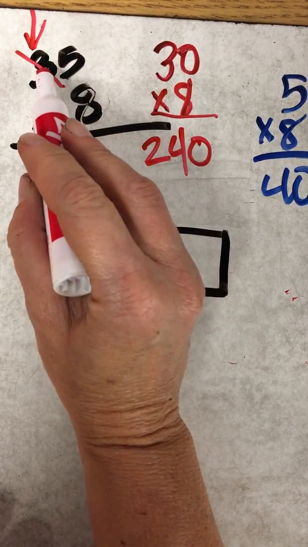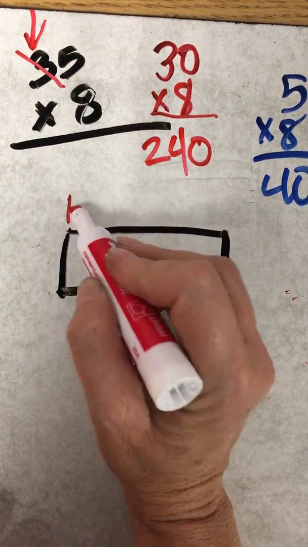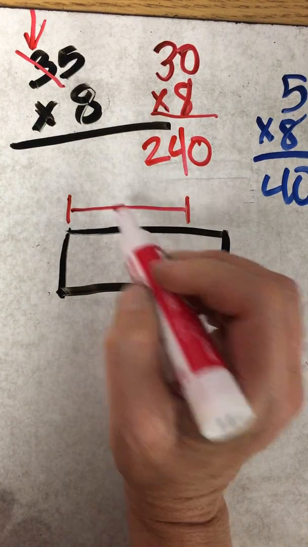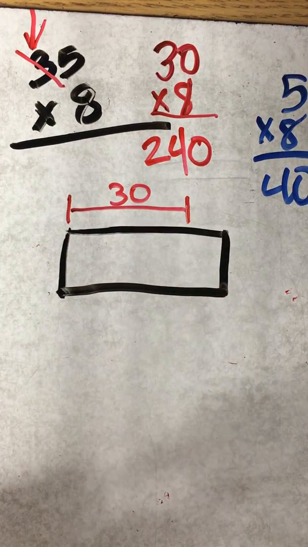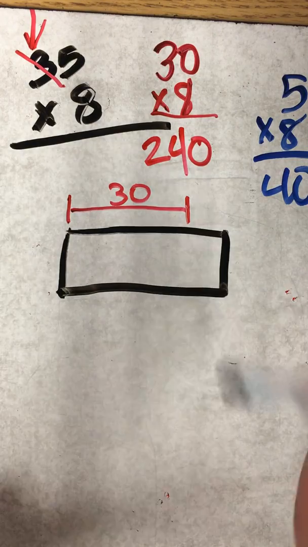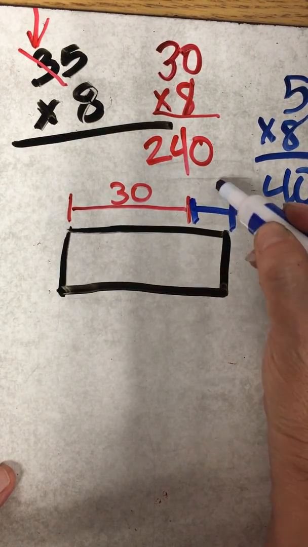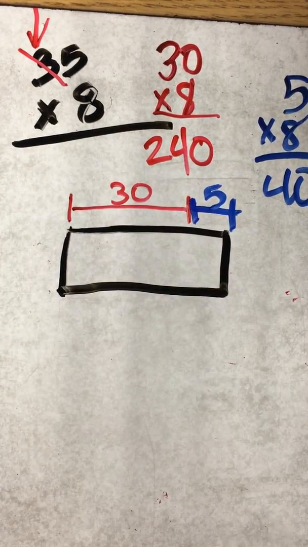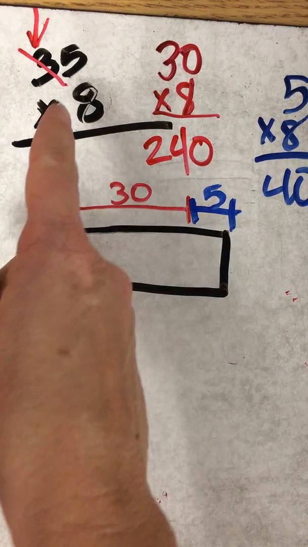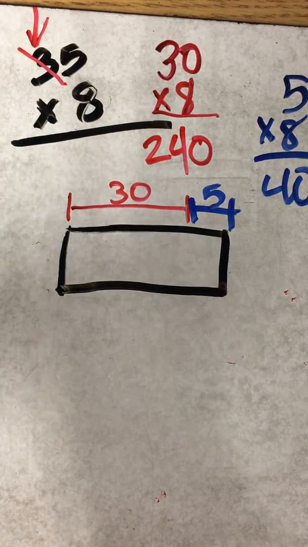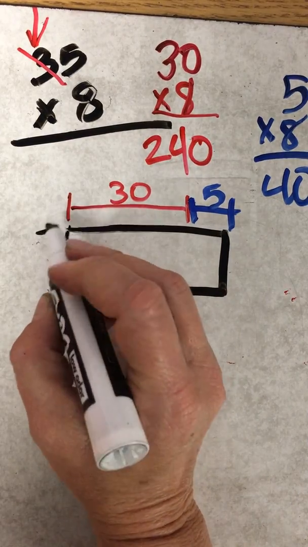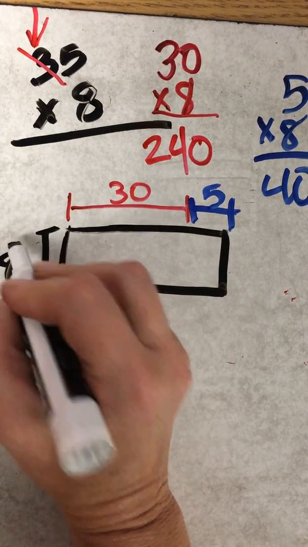The full length was 35. So what I did in my tens was 30. What was left over was 5. And then guess what? Each time the multiplier stays the same and in an area model that is represented by the width. So the width was 8.